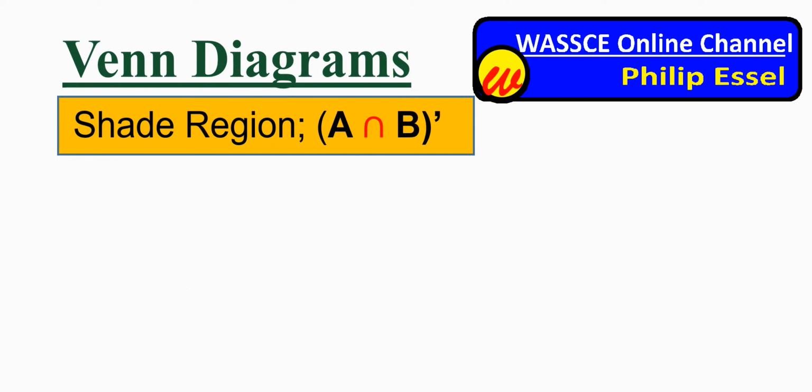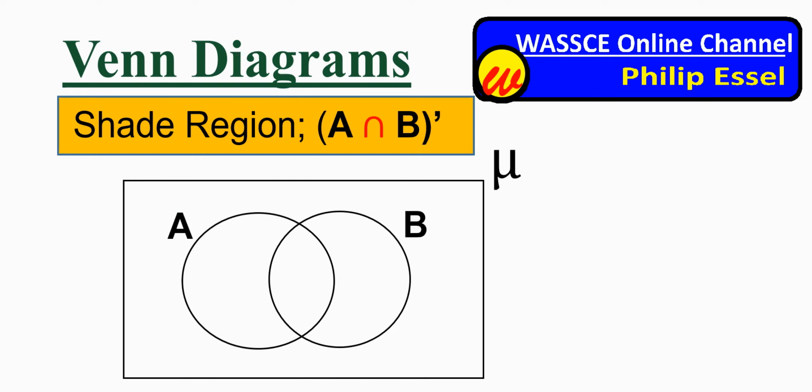Next, let's look at A intersection B into bracket complement. So here we are looking for the complement of the entire item in the bracket, which is A intersection B. First, we will show our Venn diagram of two intersecting sets.